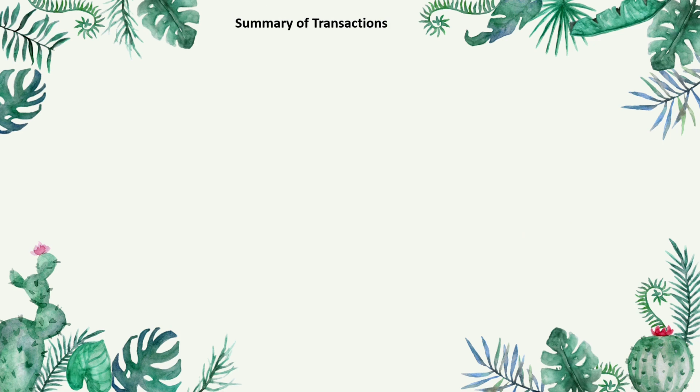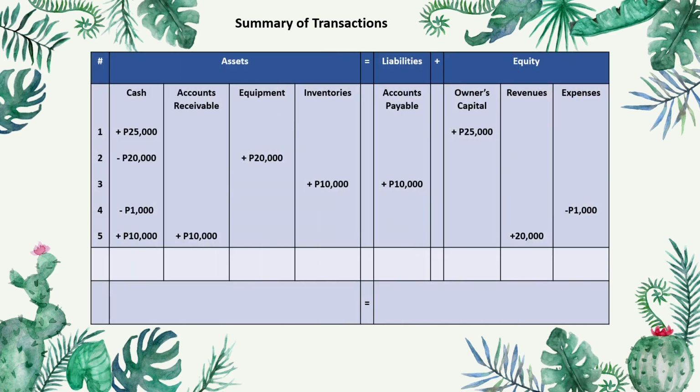Okay, so to know if the accounting equation is balanced, we should do the summary of transactions. So we have accounting equation assets is equal to liabilities plus equity. Kailangan nga gumawa tayo ng summary of transactions.